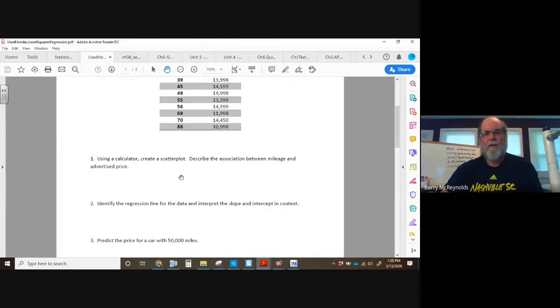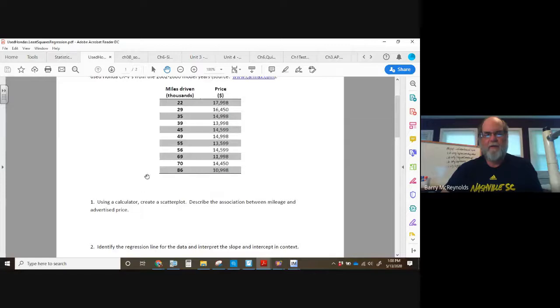But I will do a little calculator work here just to refresh your memory on using the calculator to enter this data. Again, no way they'll ask you to do it because it's a 4-function calculator test, but it is good to kind of see how this works, and maybe you can use it to your advantage.